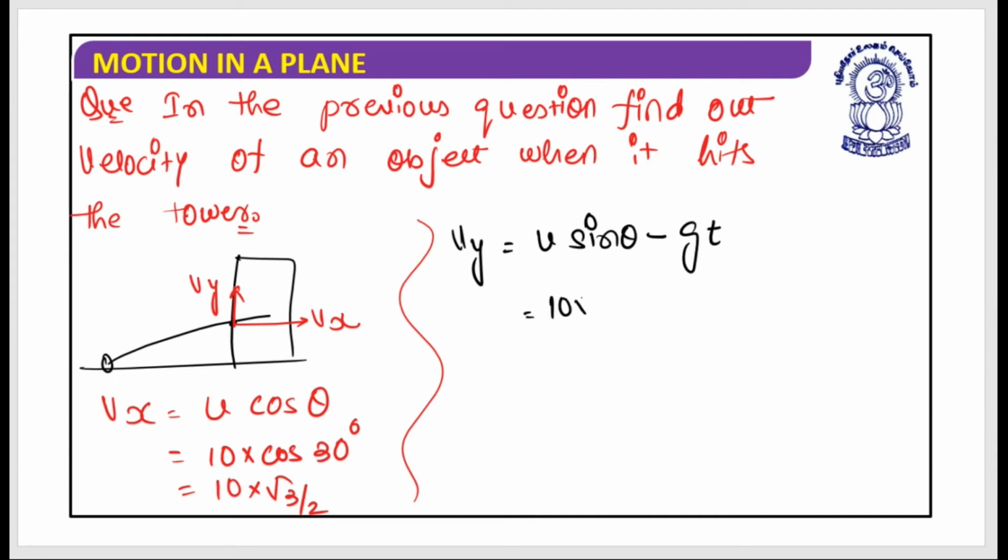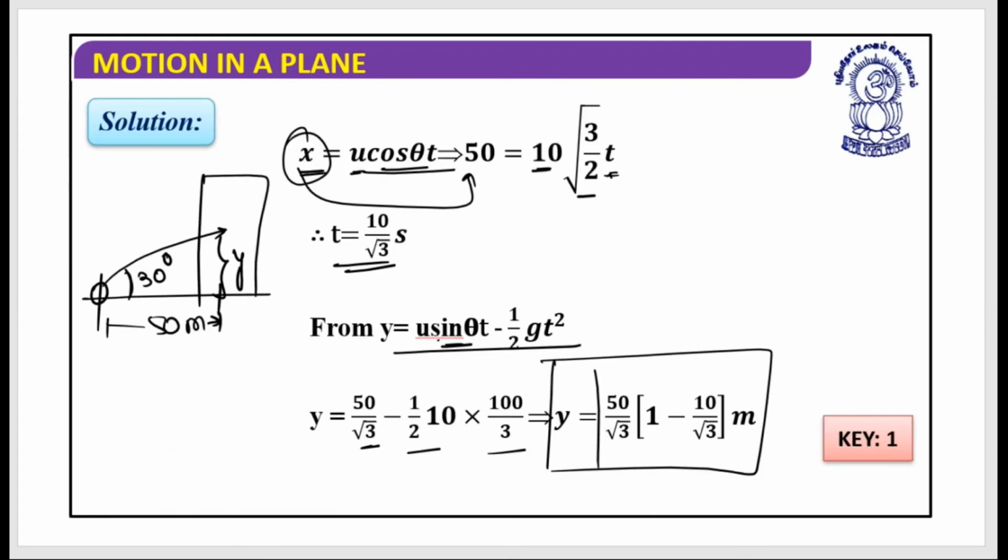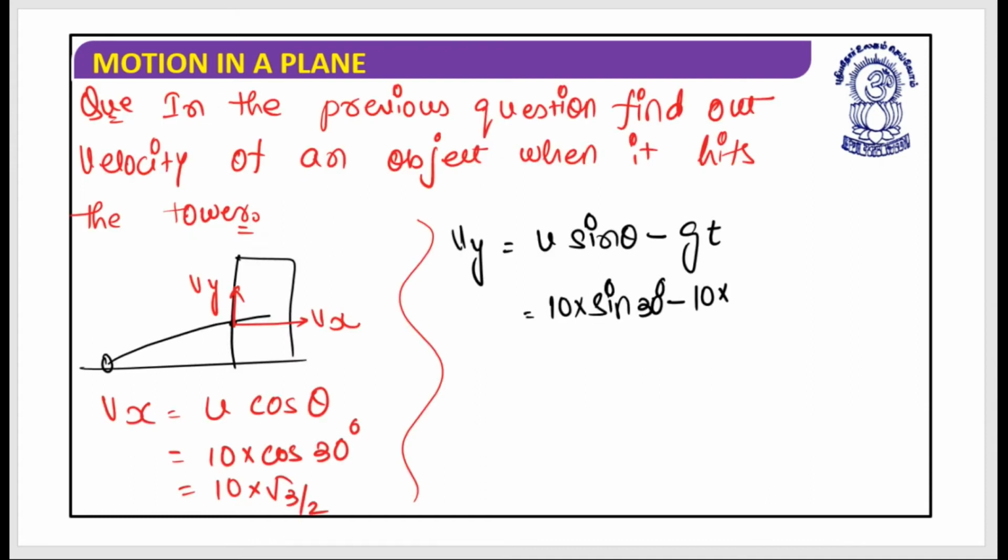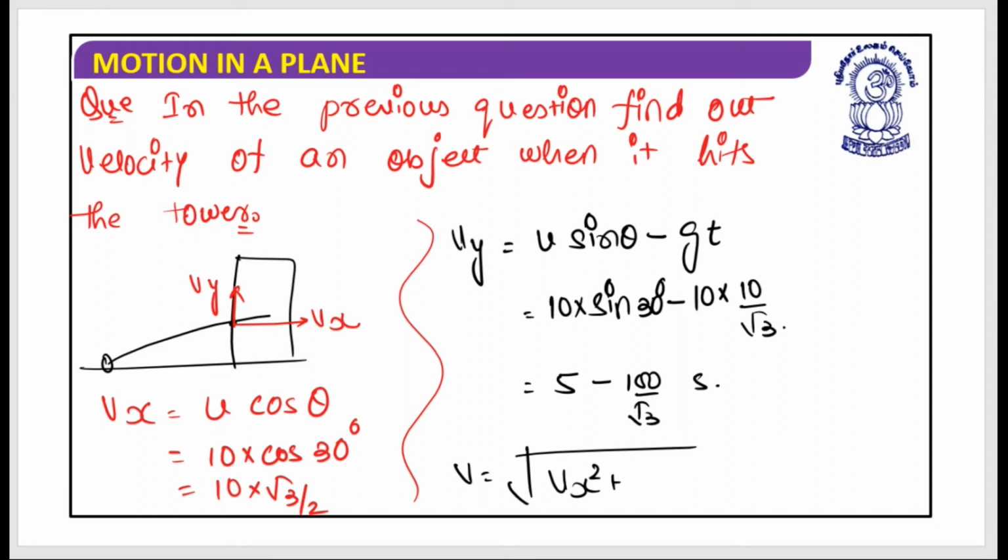This is 10 multiplied by sin 30 degree minus g, which is 10, multiplied by time, which is 10 by root 3. So this is 10 into half, which is 5, minus 100 by root 3 seconds. This is Vy. And what would be the V? It's under root of Vx square plus Vy square.